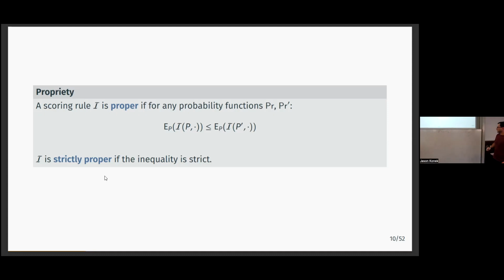All right. So that won't work when it's the absolute value score, right?